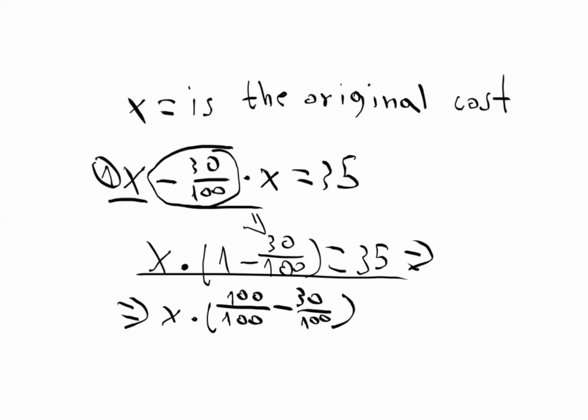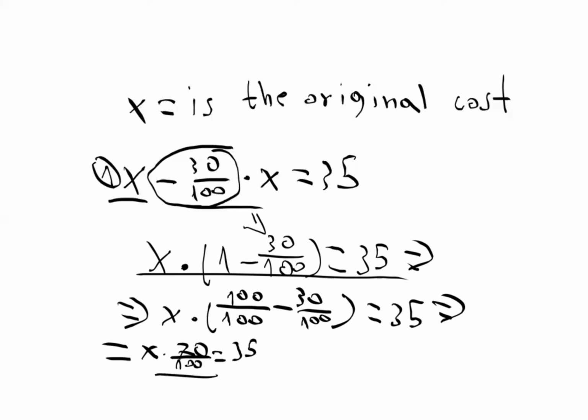So 100 over 100 is 1 minus 30/100, which is 70/100, is equal to 35. So that means that x times 70/100 is 35. Here, to leave x on its own, we will divide it by its coefficient, which in this case is 70/100.